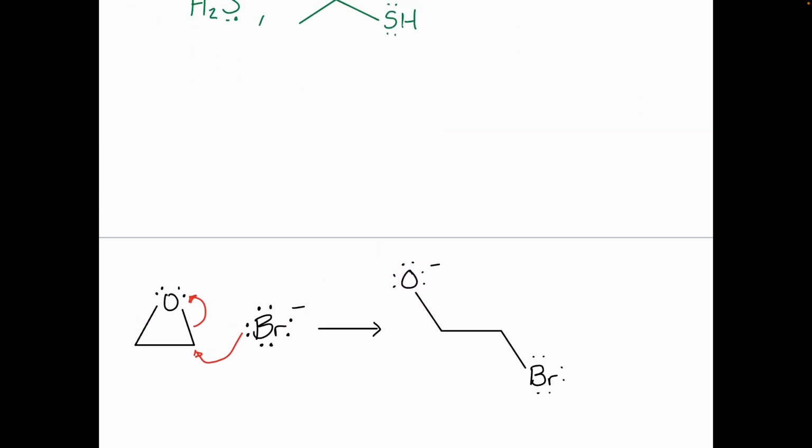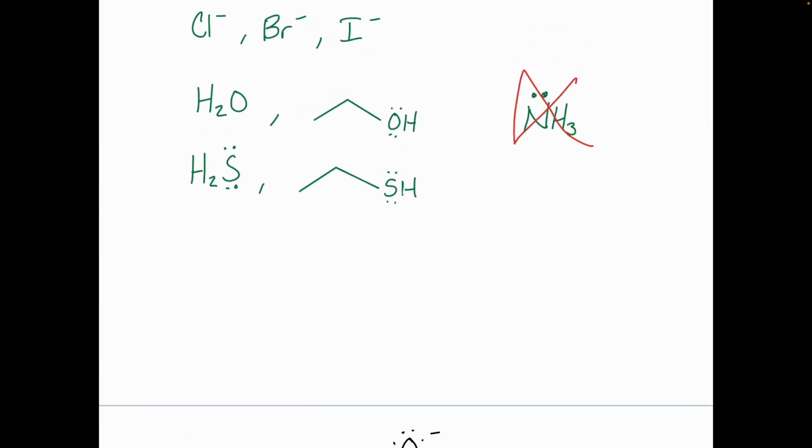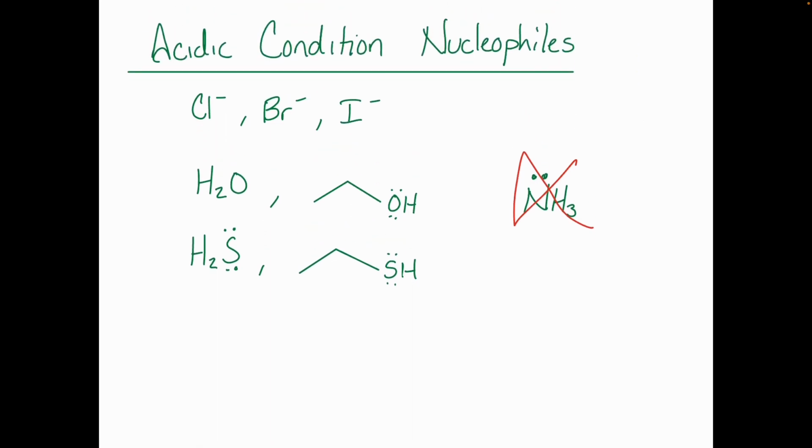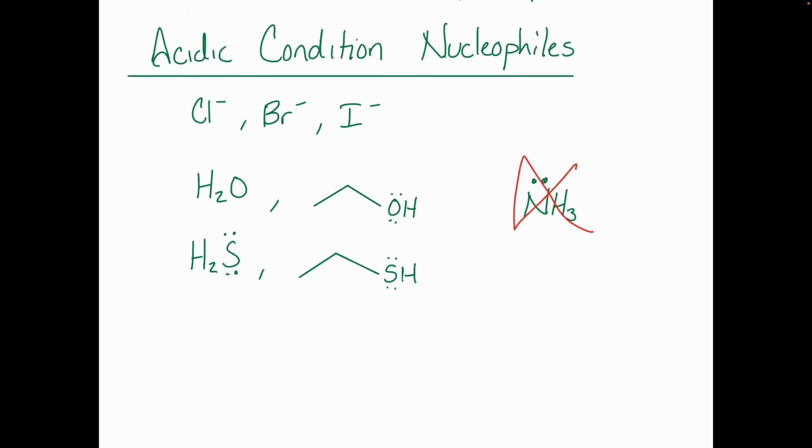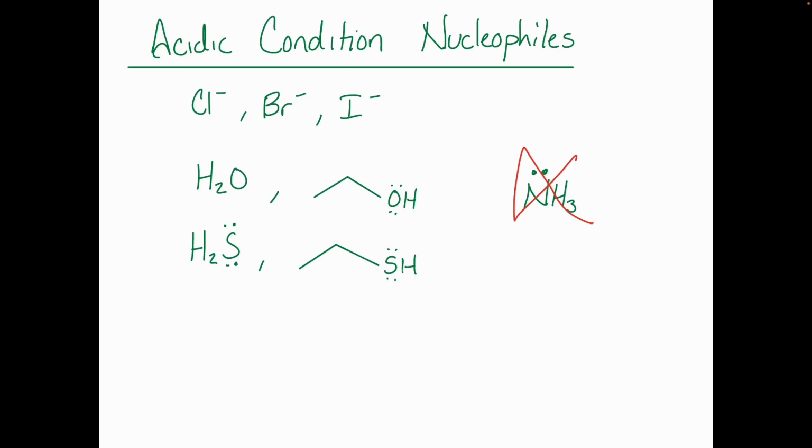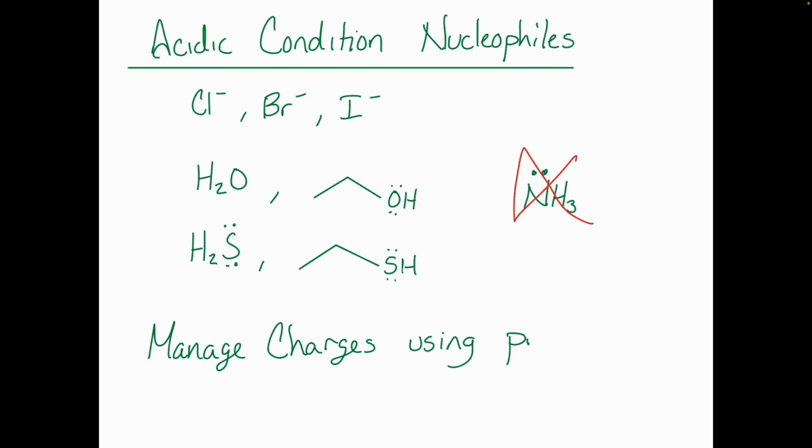All right, and so what we're going to see, and this is going to hold true for the more advanced mechanisms that we learn here in future chapters. These are relatively simple here, but this is going to be a strategy that we use over and over and over again to manage our charges. Okay, we're going to manage our charges using proton transfer steps.